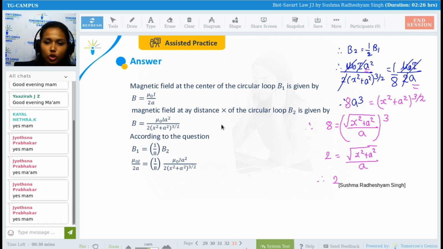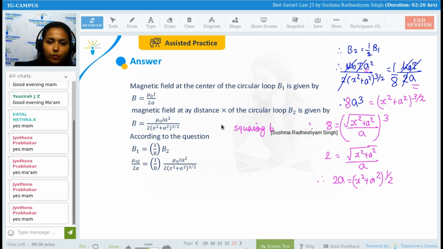Now from here we say 2a is equal to (x square plus a square) raised to power 1 by 2. Now take squaring both sides. If you are squaring both sides, you simply get 4a square is equal to (x square plus a square) raised to 1 by 2 whole square.